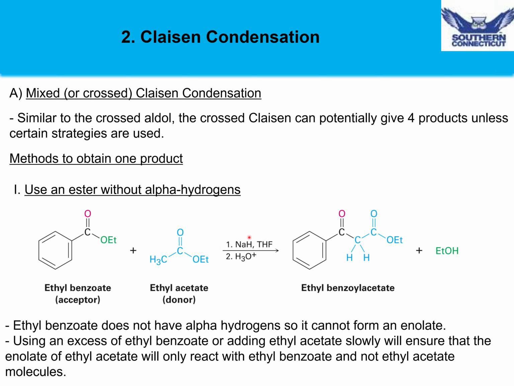So sodium hydride, which is a base, will remove one of those alpha hydrogens, forming an enolate. Then that will attack the ethyl benzoate. The ethyl benzoate, notice, doesn't have any alpha hydrogens, so it's not going to form an enolate. So the enolate of ethyl acetate will attack this electrophile, ethyl benzoate, and form the following beta ketoester.